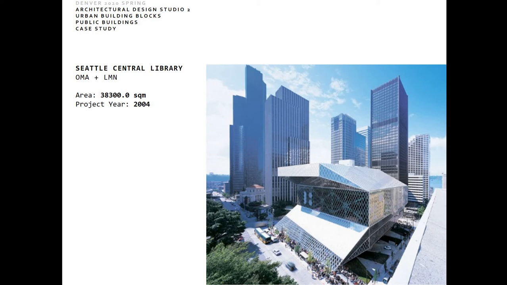So this is by far one of the most inspiring projects I know. And it's not just the skin or the structure. It's the new program relationships that make this more than a mere library, but an enhanced public space around knowledge.